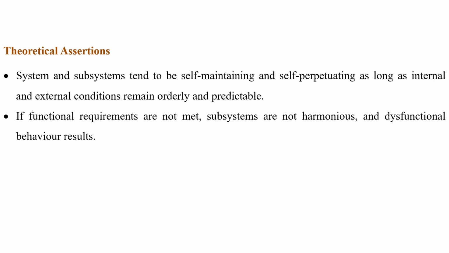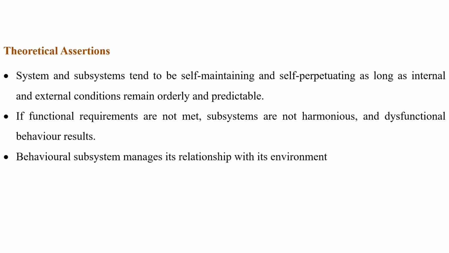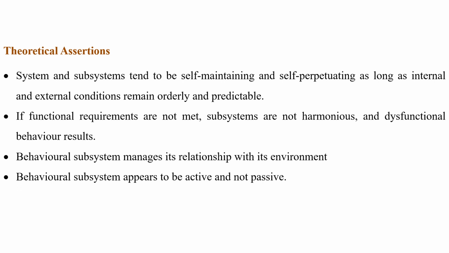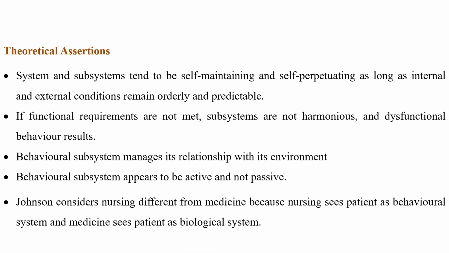If the functional requirements are not met, subsystems are not harmonious and dysfunctional behavior will result. The behavioral subsystem manages its relationship with its environment. So there is a balance. This behavioral subsystem appears to be active. All these activities of the subsystems are active processes. It is not a passive process.